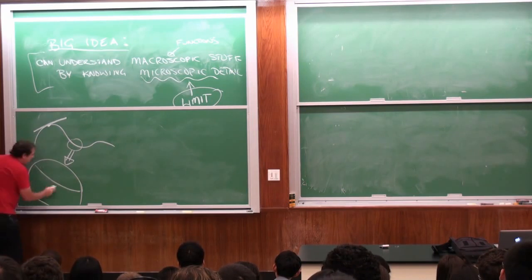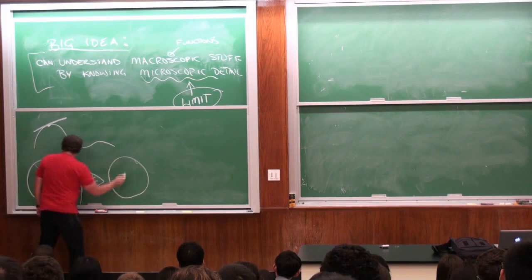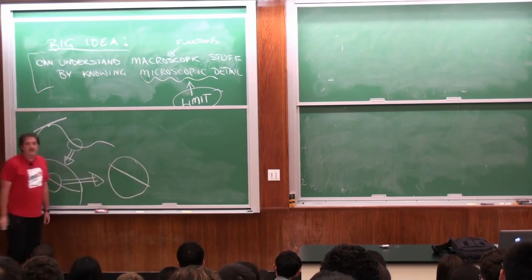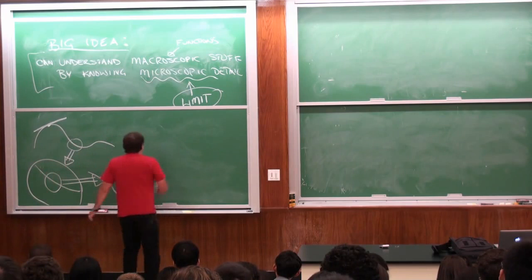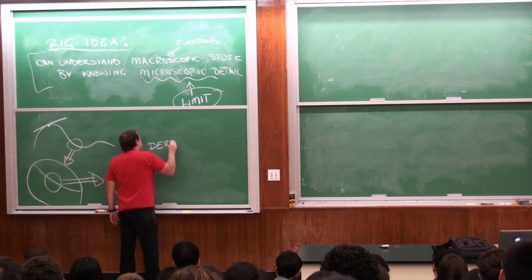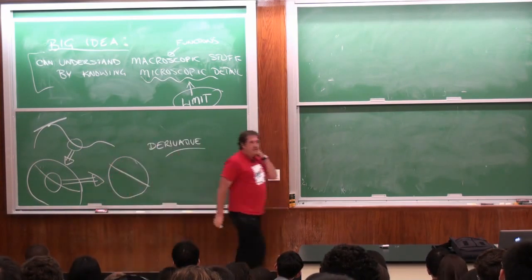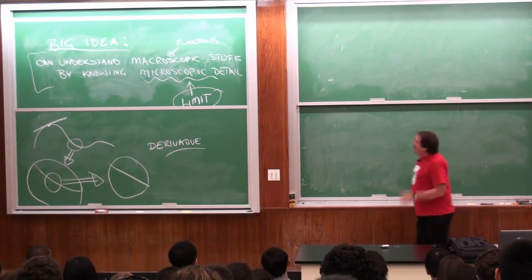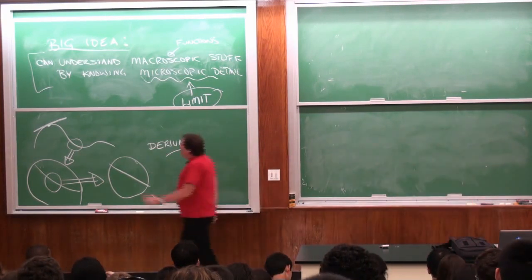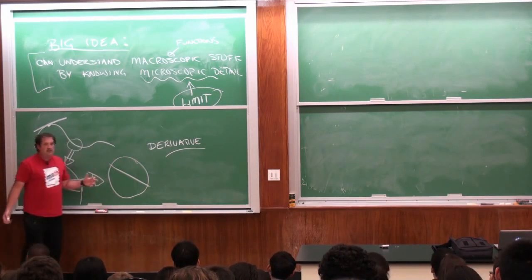It's not quite straight, so we blow it up a lot more, and eventually it looks like a straight line. So this is the notion of a derivative, which you are all intimately familiar with, and if you're not, you're in the wrong class, go away now. It's this idea of blowing something up and zooming in until it looks straight.